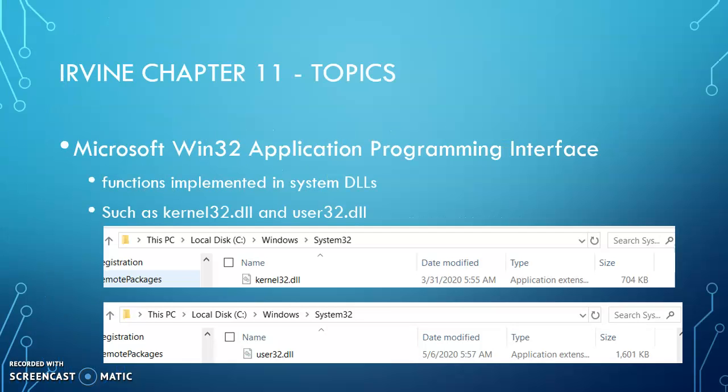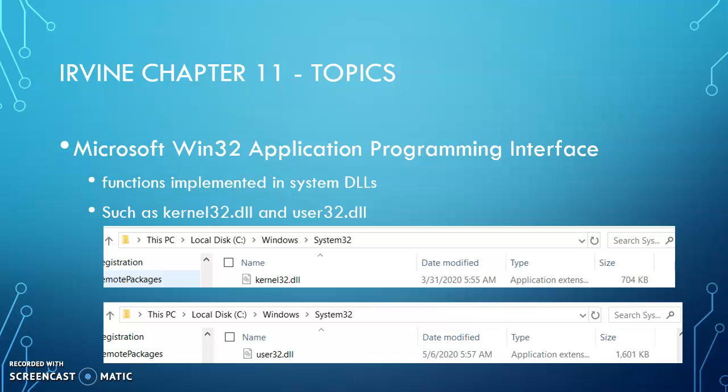So the earlier part of the book goes through an overview of what the API is in and of itself. And there's a series of functions that are available to be used, and they're in these dynamic linked libraries. Dynamic linked libraries, once they're loaded into memory, will remain in.